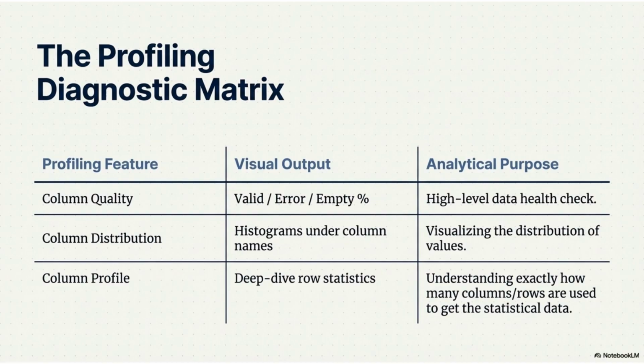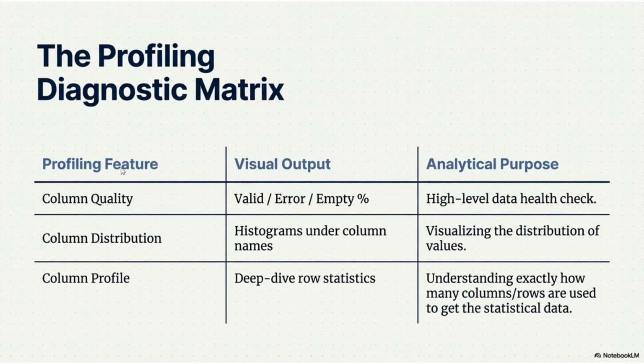So here we diagnose the data. Column quality, distribution, and profiling help us understand what's really inside the data set. This step helps identify errors, outliers, and inconsistencies early. Think of it like a health check of your data.